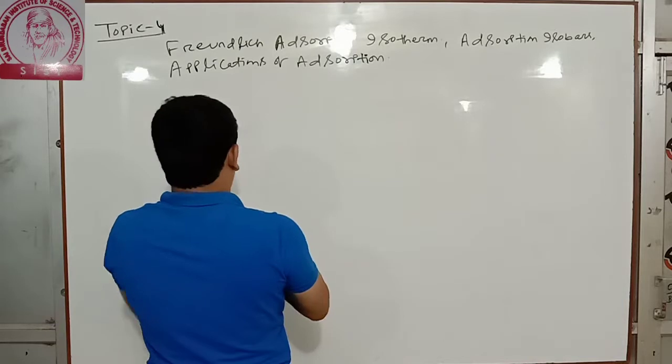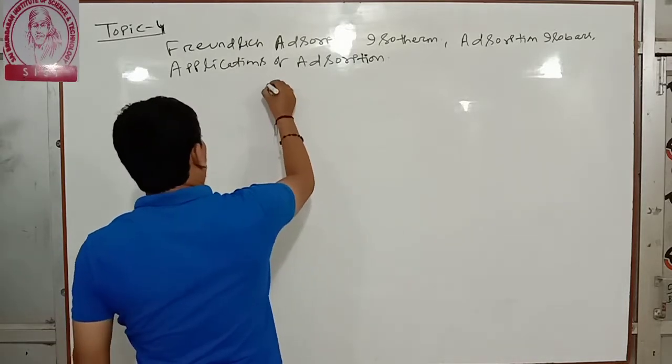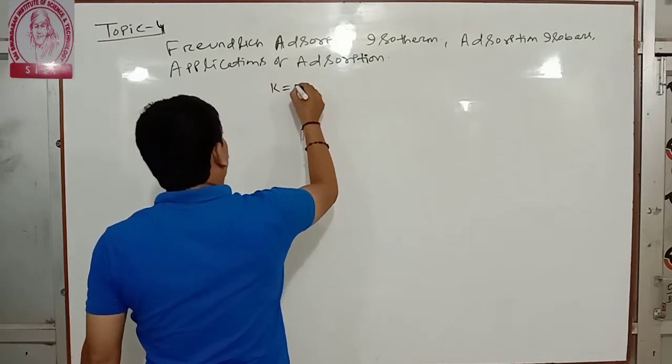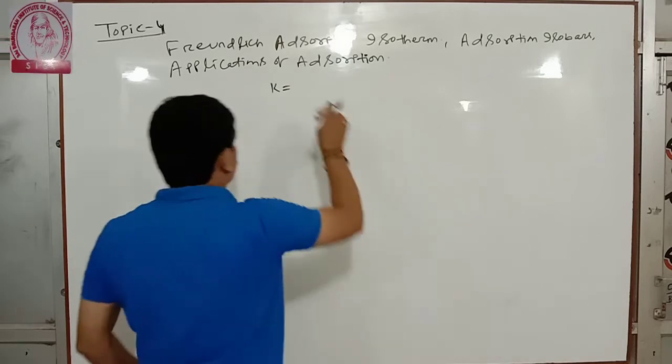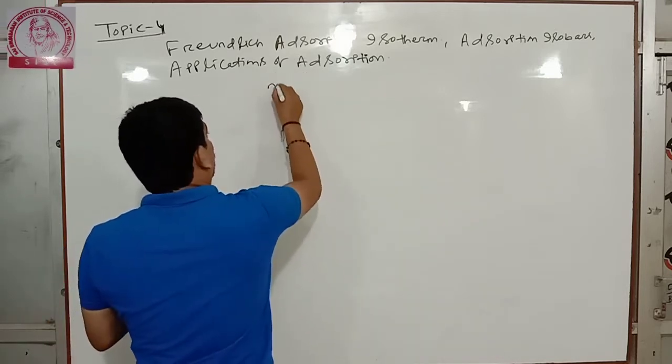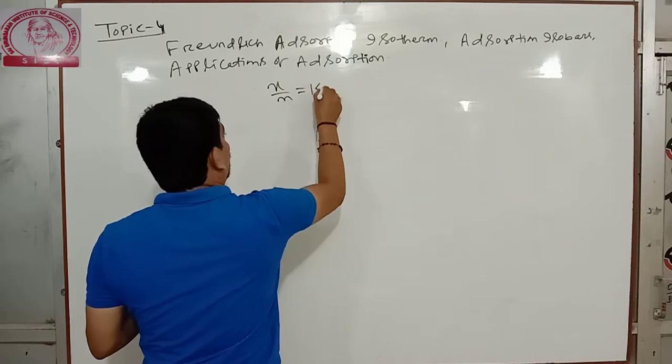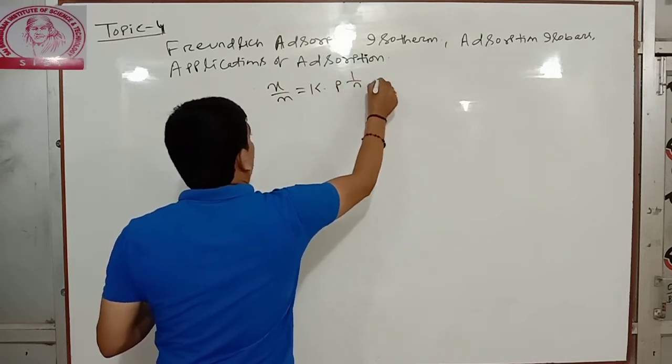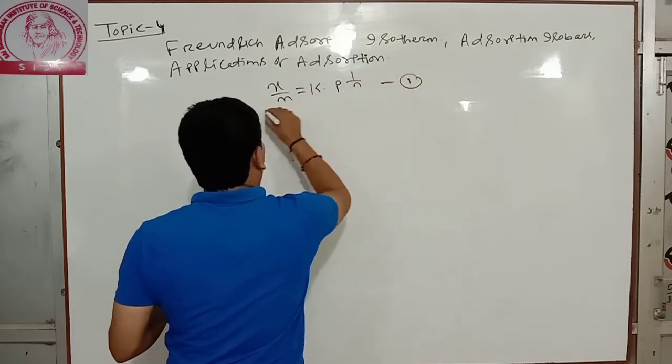So x/m = k·p^(1/n). This is equation 1 from this adsorption isotherm.